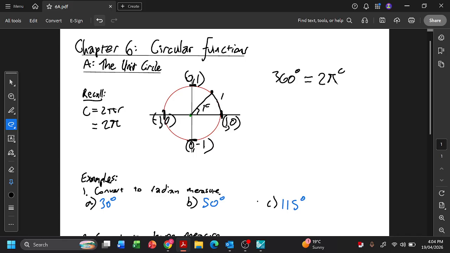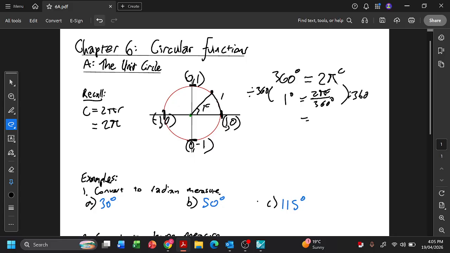So basically, you're going to start with this formula here, and I'm going to show you, and you should be able to do this for yourself, how you can derive the formula that you're going to be using. So, for example, if we were to start with this formula here, and divide both sides by 360, we will find that 1 degree is equal to 2 pi radians over 360.